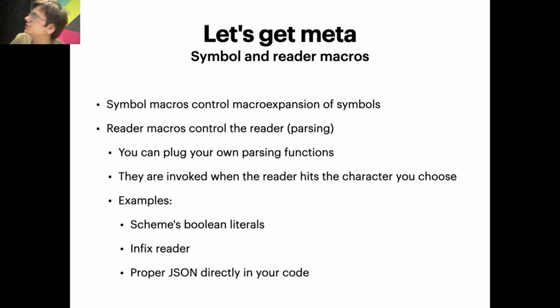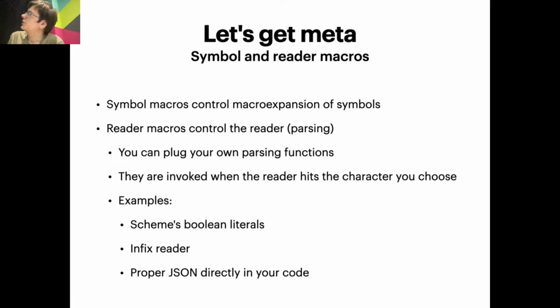So symbol macros control macro expansion of symbols, and then we have reader macros, which control the reader, which is how the Common Lisp implementation's parser is called in the specification of the language.